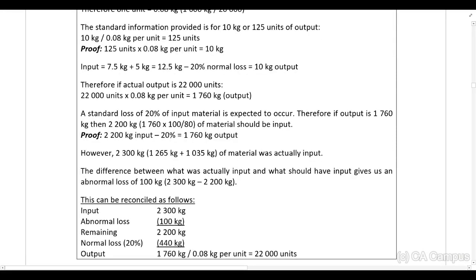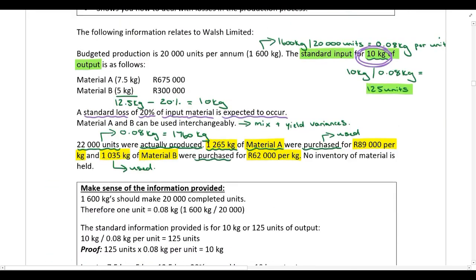What's important is I want to pick up from here. Okay, we know that a standard loss of 20% of input material is expected to occur. We were told that in the question. We calculated that output is 1,760 kilograms. So if you go just above, you'll remember, that's where we calculated our output over there, all right?